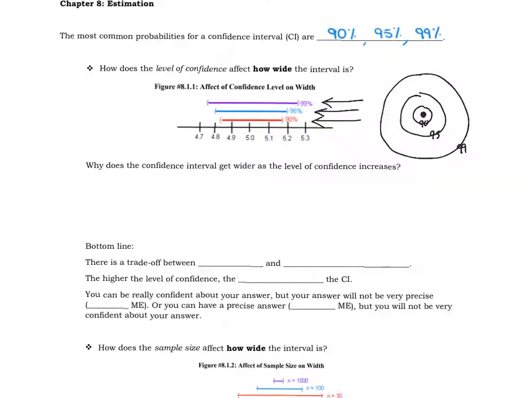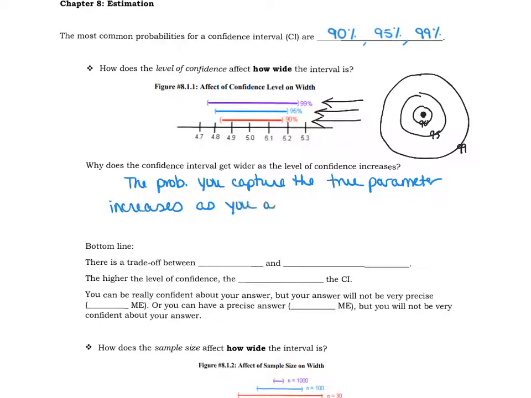So why does the confidence interval get wider as the level of confidence increases? Well, the probability that you capture the true parameter, that dot in the center there, increases as you allow more room to capture it.